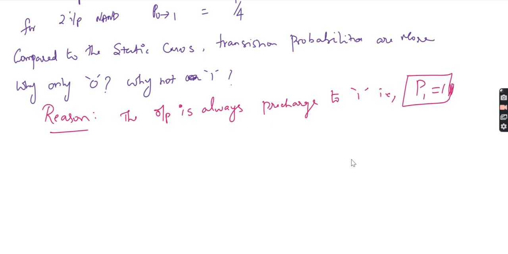So from this we note that the switching activity for NAND and NOR gate is more in the dynamic gate than the static gate. So from this we can make a note.